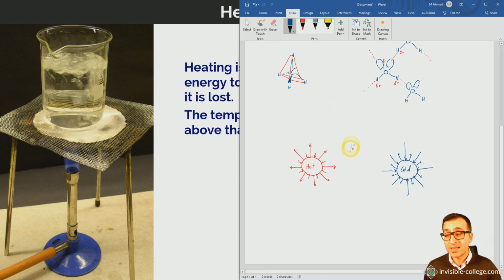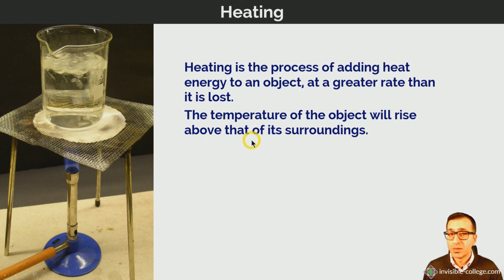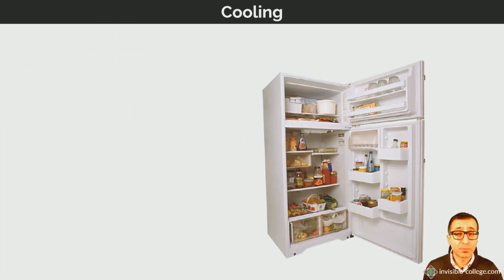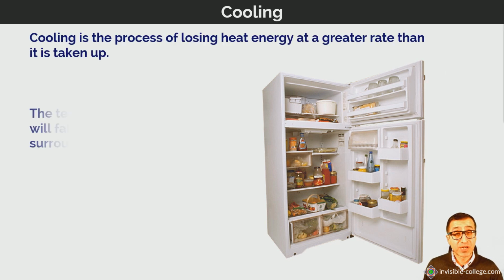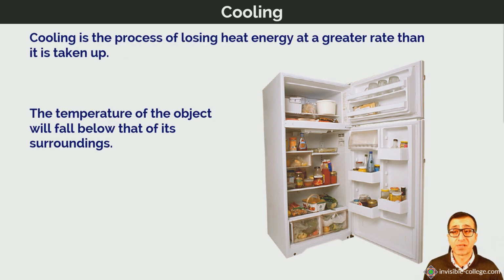It's important to remember that the direction of heat energy transfer is not unidirectional under any circumstances, but the net direction of energy transfer is outwards from a hot object and inwards to a cold object. So cooling, therefore, is the process of losing heat energy at a greater rate than it's being taken up. So the temperature of the object will therefore fall below that of its surroundings.